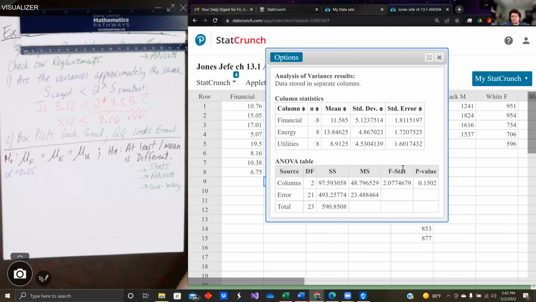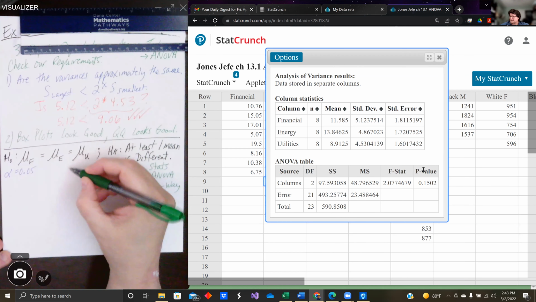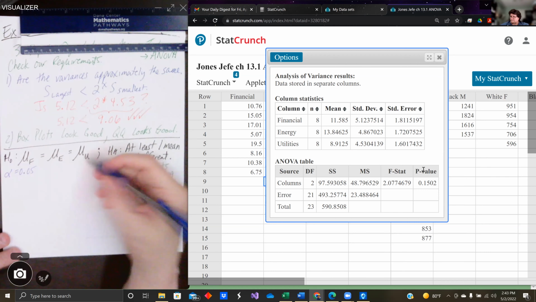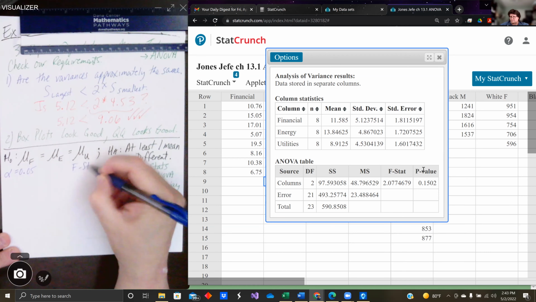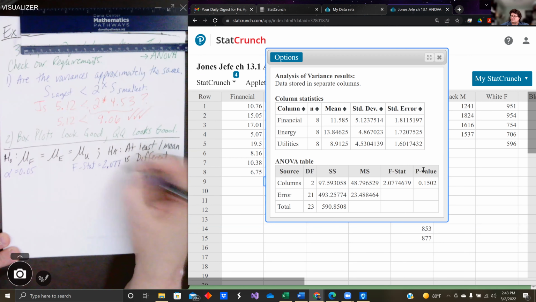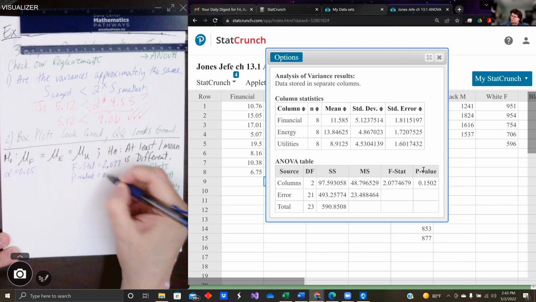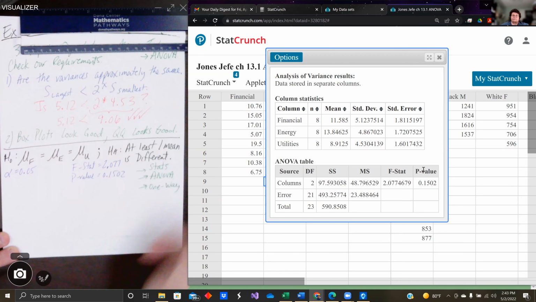And what we're looking for is our F-stat and our p-value. My F-stat is 2.077, and my p-value is 0.1502.